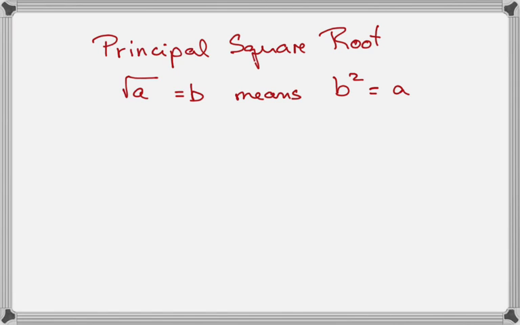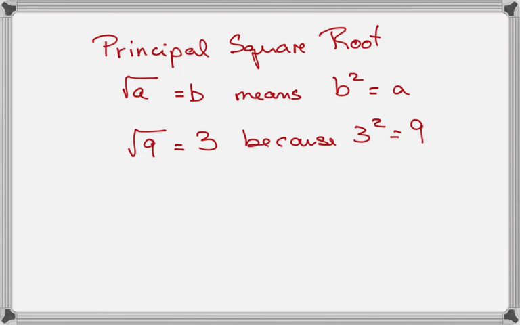If you take the square root, then you're basically finding that number multiplied by itself. Like the square root of 9 is equal to what? 3, because 3 squared is equal to 9. So you're finding that exact same number that multiplies to the radicand.